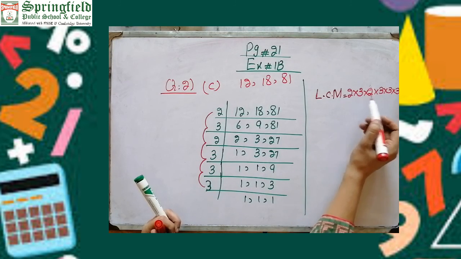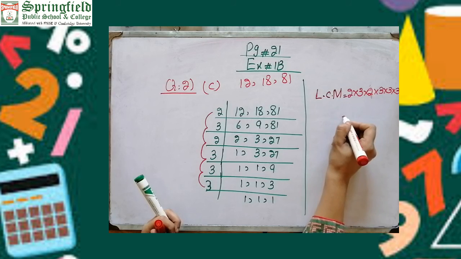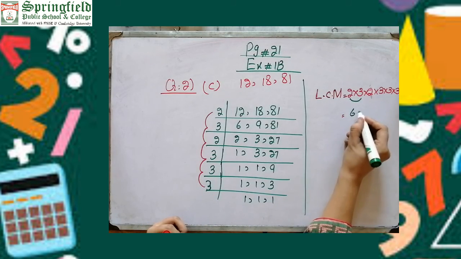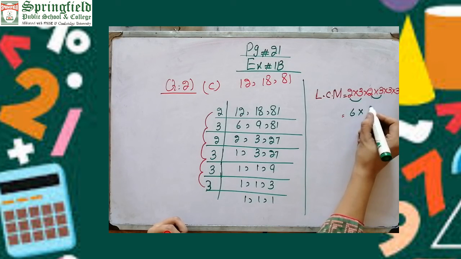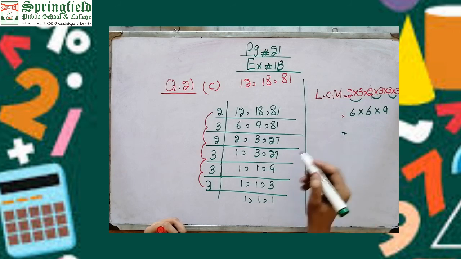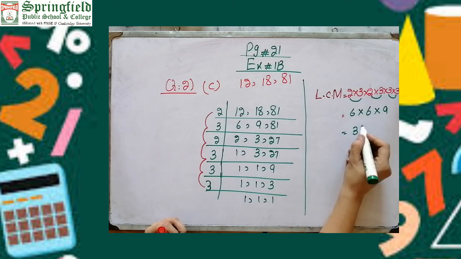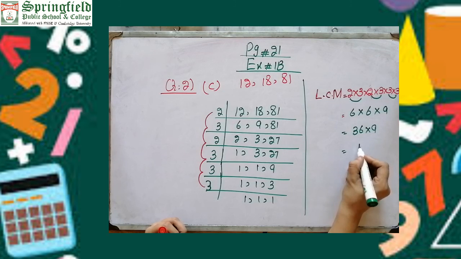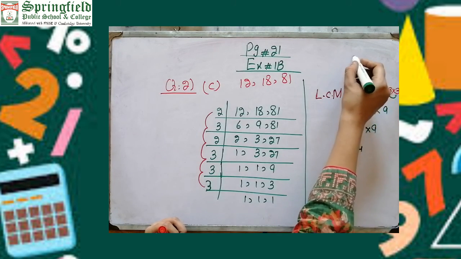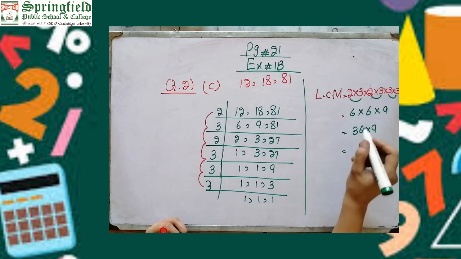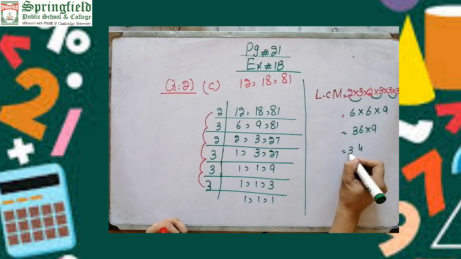Okay, now 2 3s are 6, multiply 3 2s are 6, multiply 3 3s are 9. 6 6s are 36, multiply 9. 9 6s are 54, 9 3s are 27, 27 plus 5, 32.